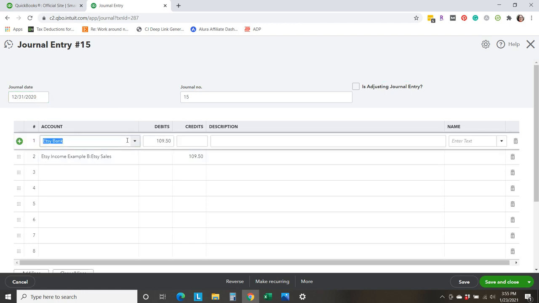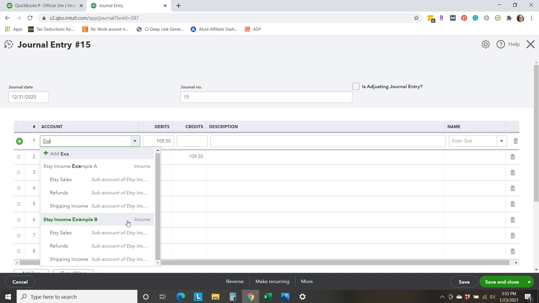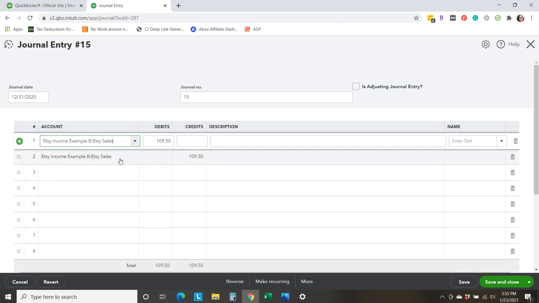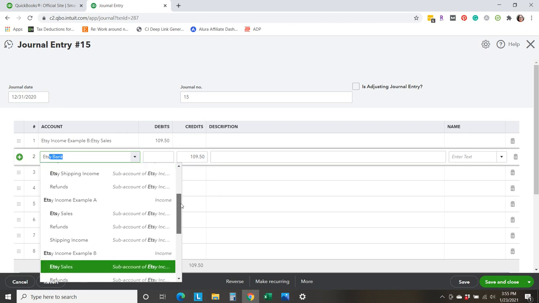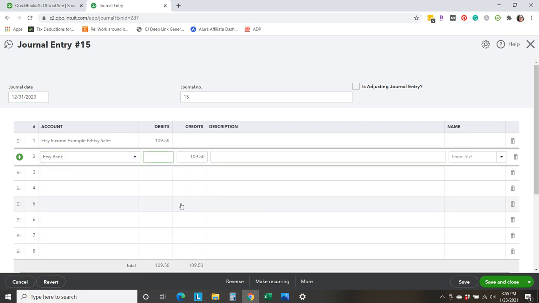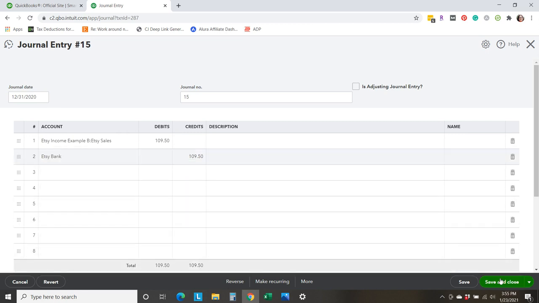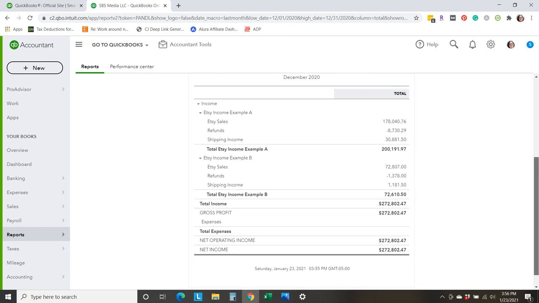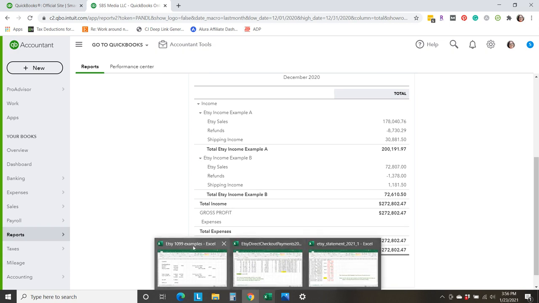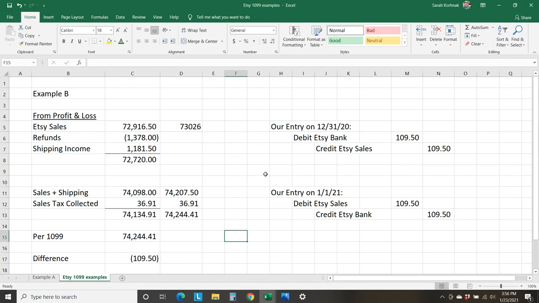And all I'm going to do is switch accounts: example B, Etsy sales as the debit, and Etsy Bank as the credit. Oh, but I didn't change the date. You should change the date to 1/1/21, otherwise it's not going to take effect, okay? So that's how we do it. That's how we're tying to the 1099.